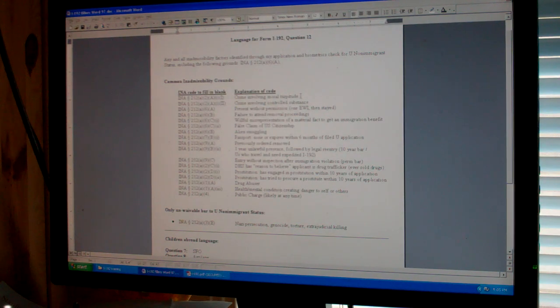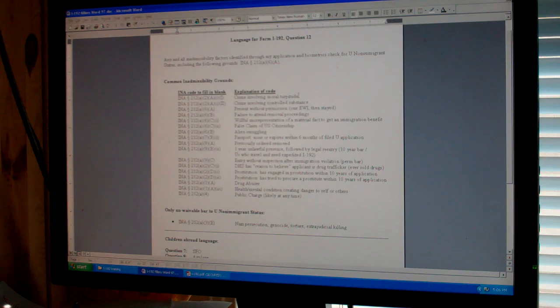We have increasingly been submitting I-192s for permanent bars or for people with voluntary returns and things like that, and even alien smuggling, without any documentary evidence, just a statement in the applicant's own declaration about why they deserve a positive determination on the discretionary determination of their I-192, and we have been getting those approved.